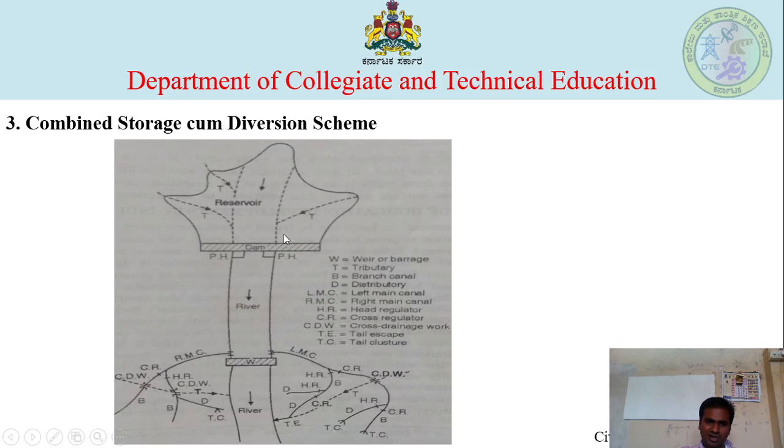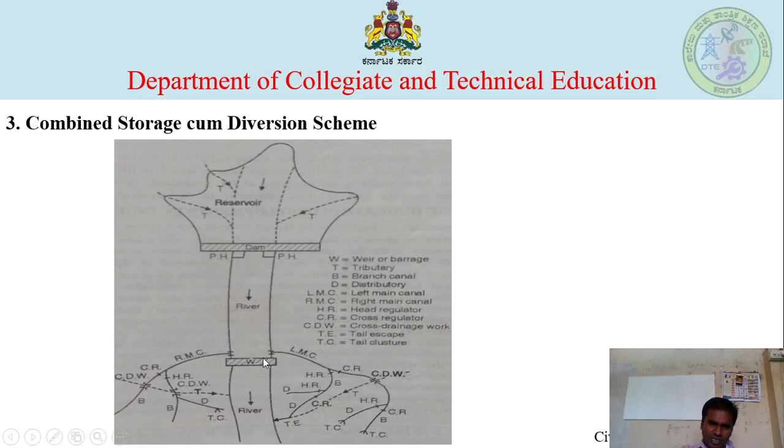This is called a reservoir. Here this water is going to be used for generation of electricity. After generation of the electricity, the water is allowed through the same river on the downstream side.